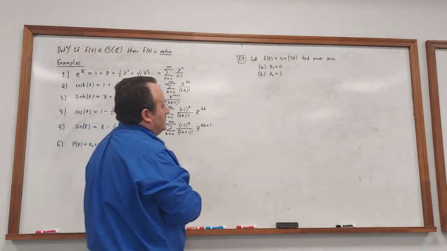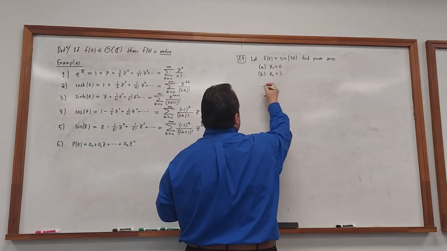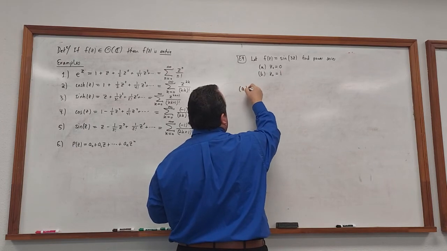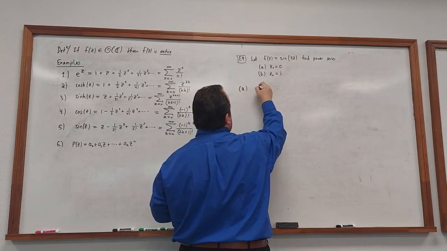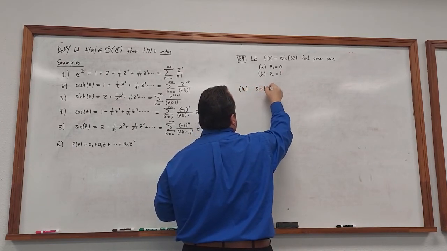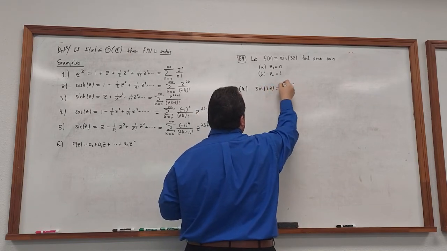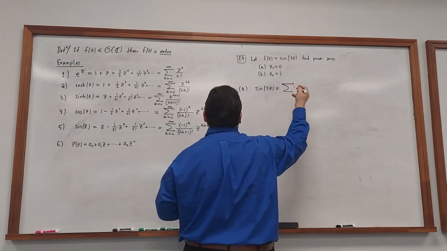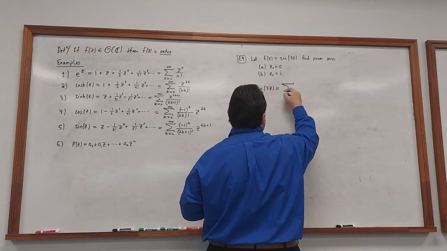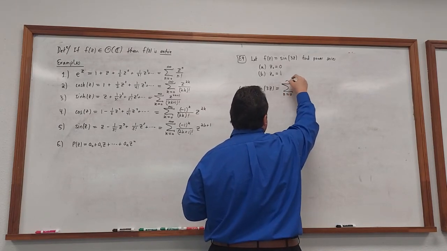Okay, so centered at 0, that's easy. We just do sine of 3z by direct substitution. Yes, you can substitute into those formulas, it works. The sum n equals 0 to infinity, minus 1 to the n over 2n plus 1 factorial, if I'm using n.